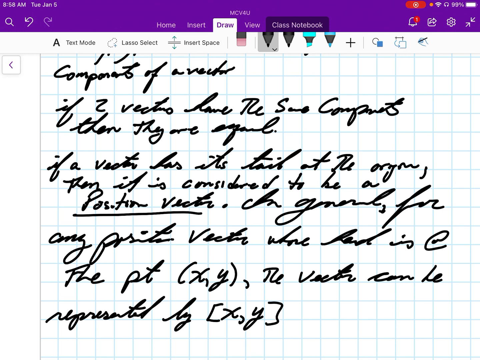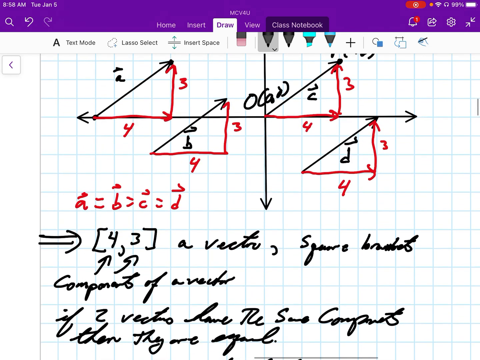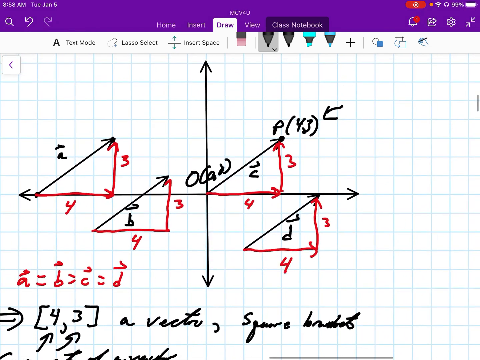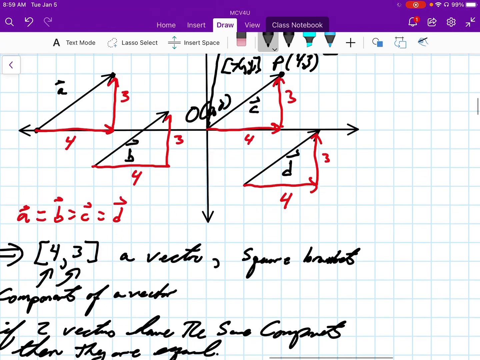Okay? So if we were to use the grid up here and make another vector, let's say we've got the head up here, and that's the point (x, y). We know that this is, what, 1, 5, whatever. But the position vector in black that I'm drawing out here is represented by square brackets x, y.